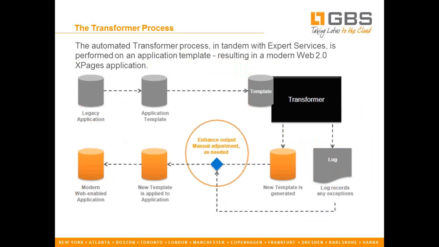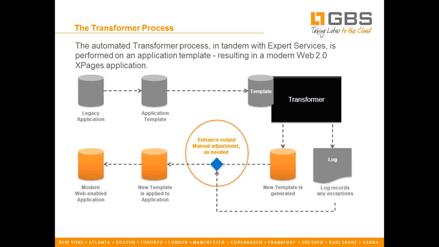So how does the transformer process work? Well, the transformer process is an expert piece of technology, and in combination with expert services, transforms an existing Notes client application into an XPages application. The transformer technology itself actually works on the application template. So once again, there is no need for any data to be present in that application template when the transformation process is executed on that specific application.